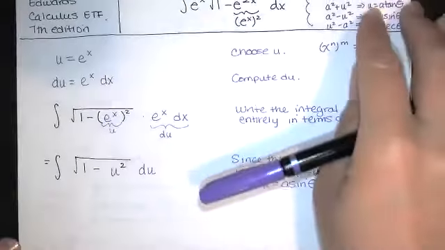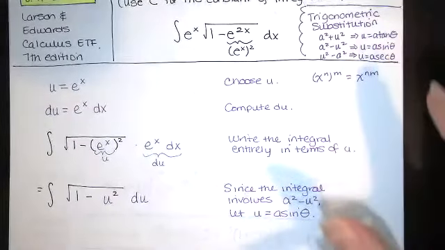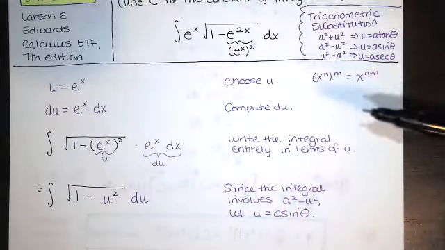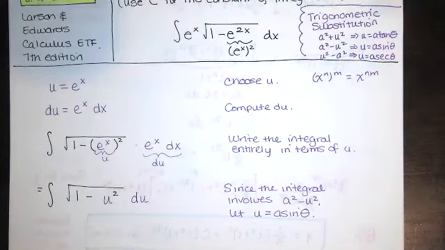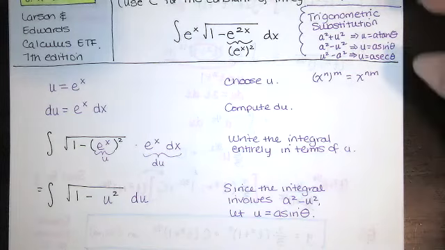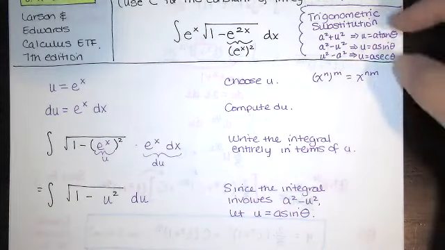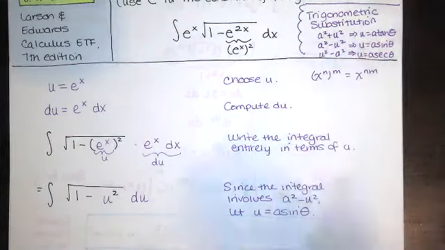Now you don't have to memorize these, but they are pretty easy to remember if you know your basic rules for arcsine, arctangent, and arcsecant, excuse me. But if you don't remember those rules, if you're not sure what to do, all of this is on the sheet that will be provided to you during the corresponding exam or quiz.